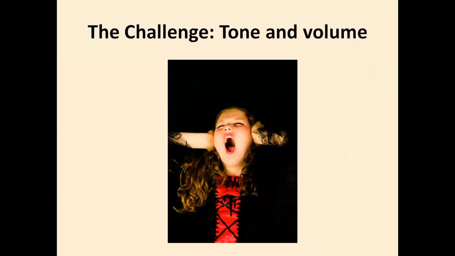Now, sometimes we experience a challenge with the tone and volume of what is being said. It can be too much for either of us, or it may not really match the emotions that have arisen. The volume may be too loud, but we don't really mean to come across as angry.